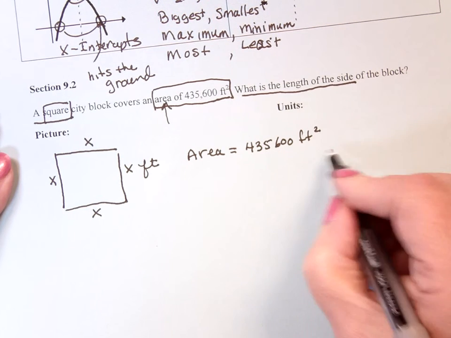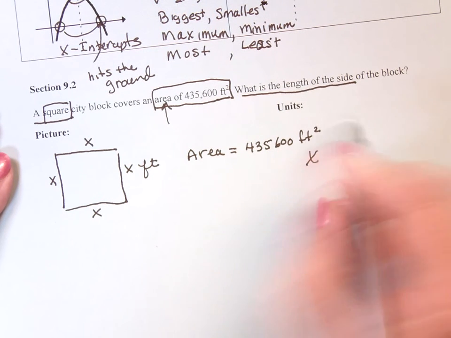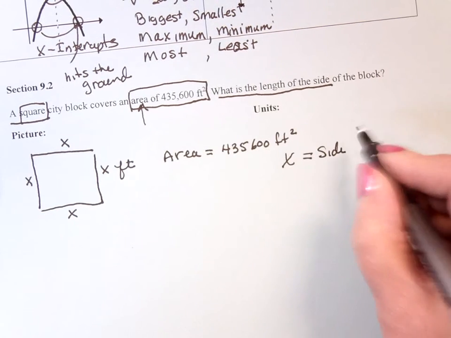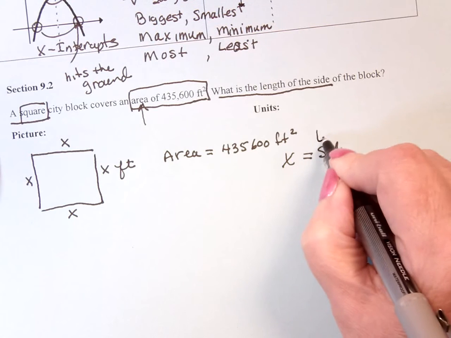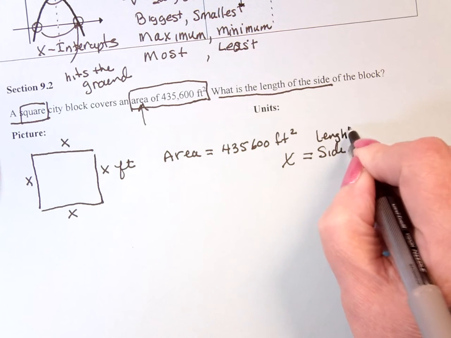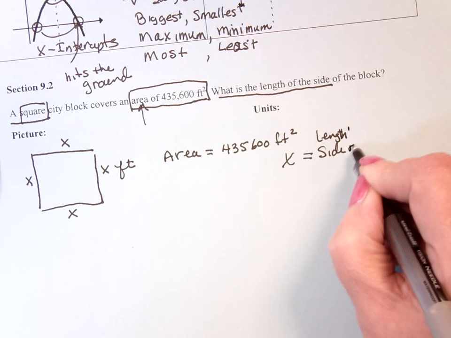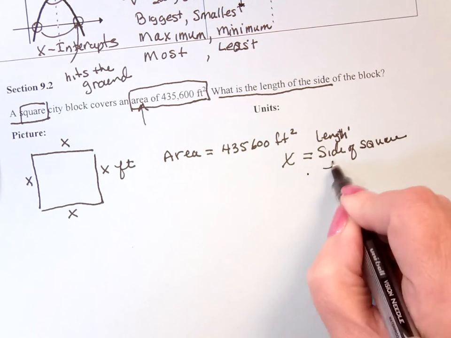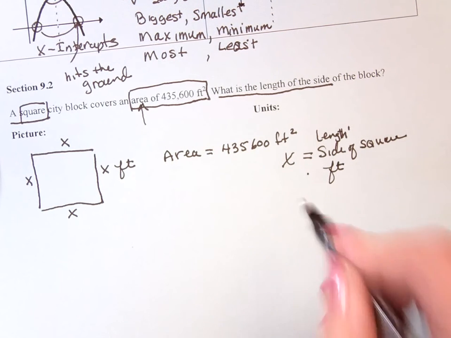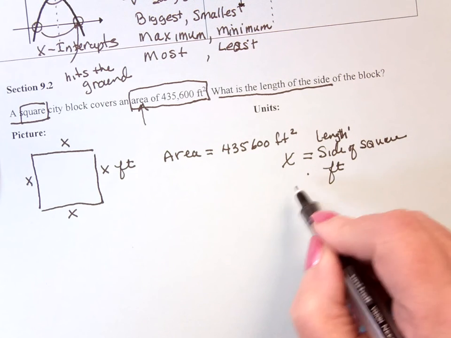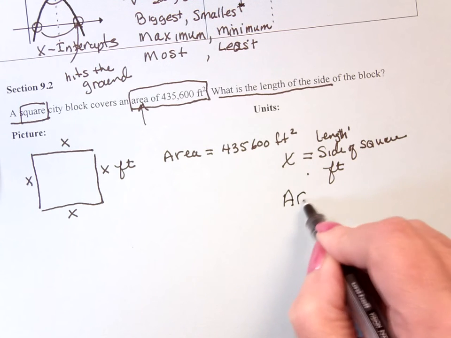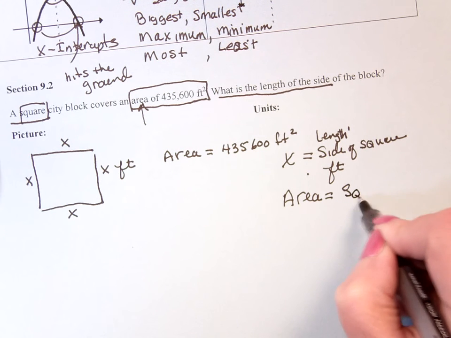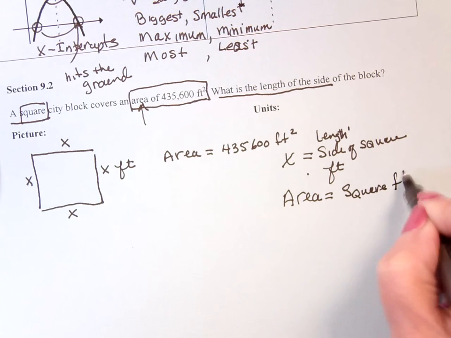So if I'm looking at the units, X is the side of the square, and in fact it is the length, the side of the square, and it's in feet, and they are giving me the area, and the area is in square feet.